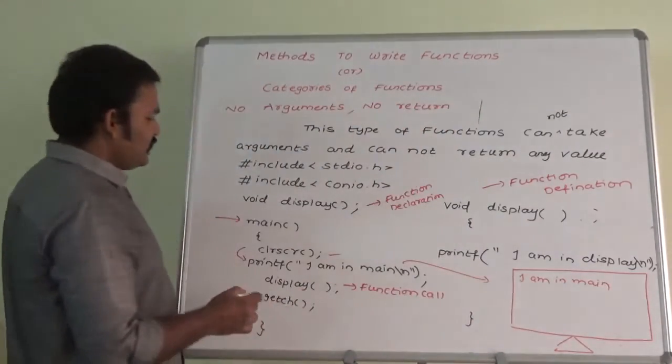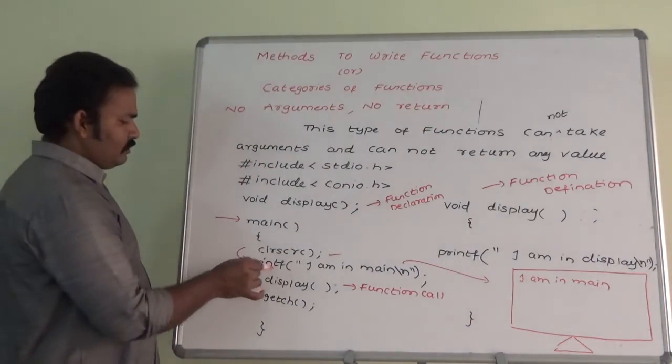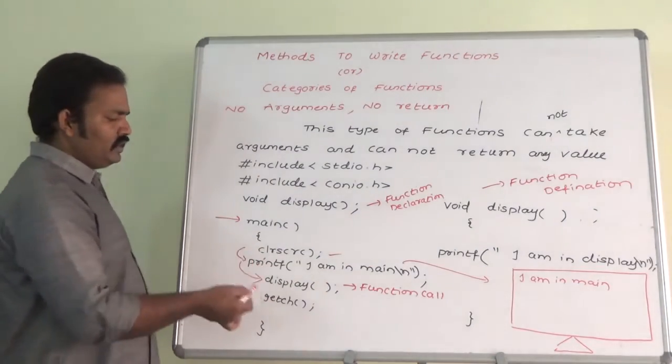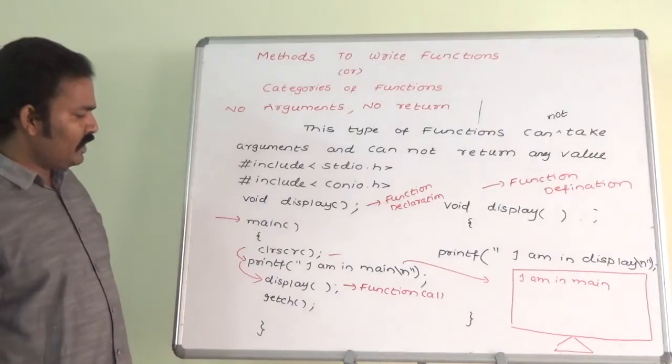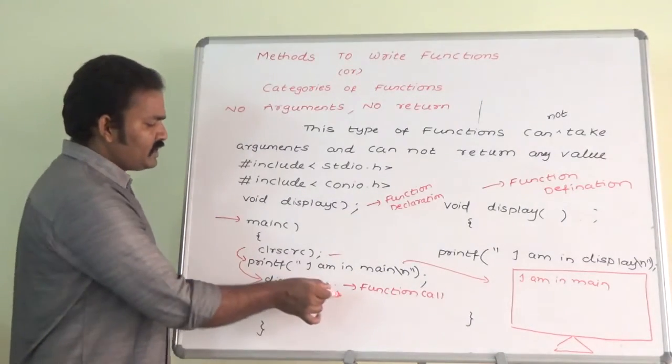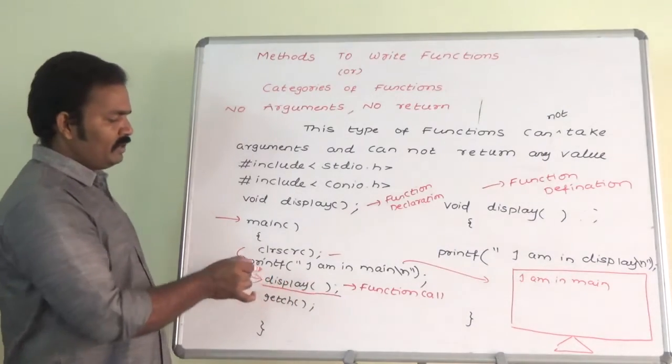Okay. Right. After executing the printf function, execution control is transferred to the next following statement. So what is the next following statement? The function call statement. Okay.